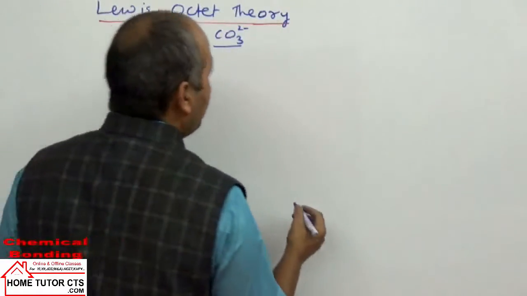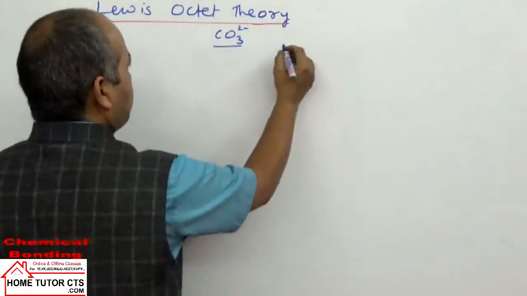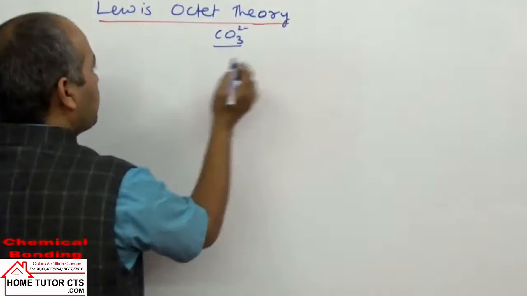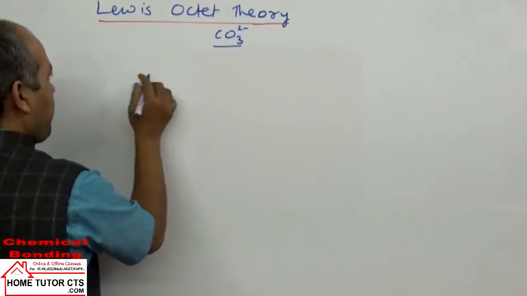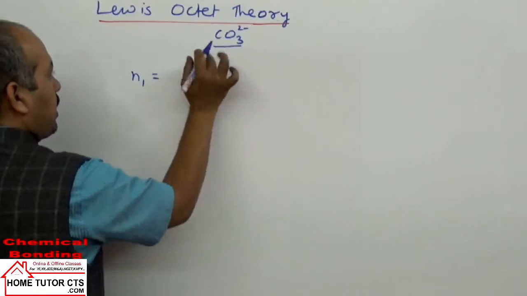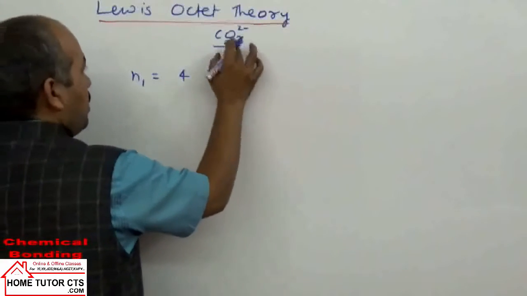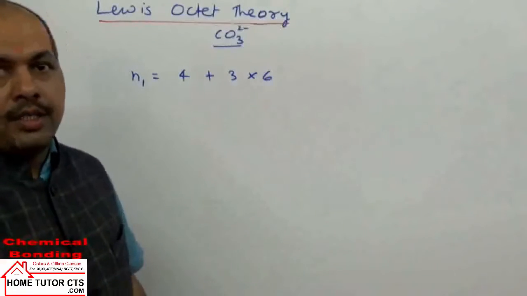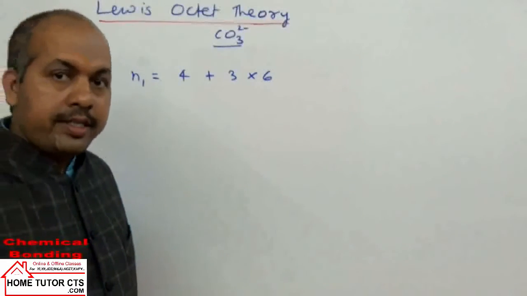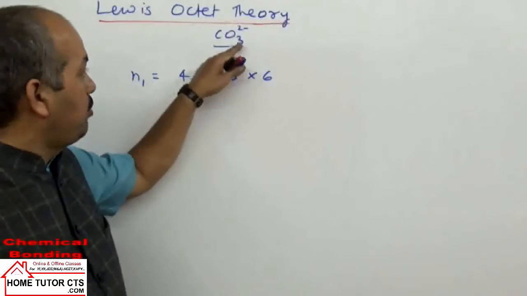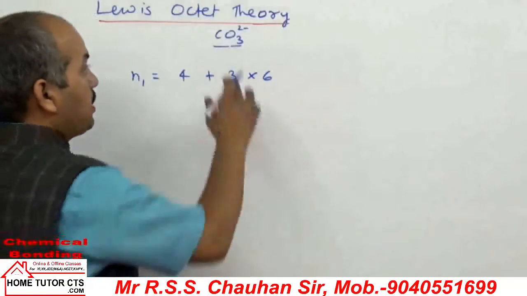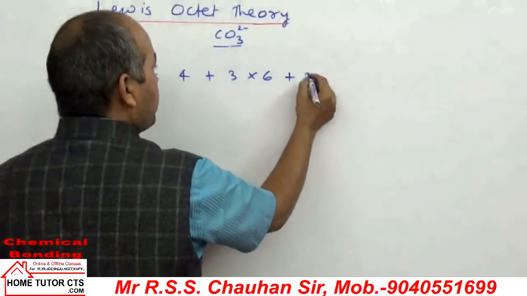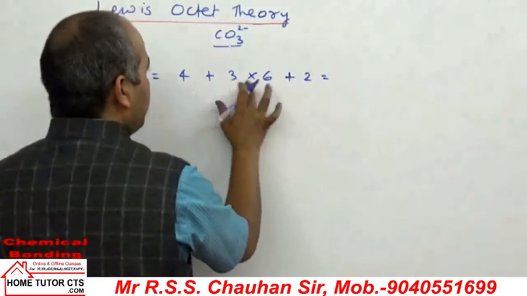First find the value of N1. Carbon has 4 valence electrons, 3 oxygens, 3 into 6 per oxygen atom. They have 6 electrons in the valence shell. So 3 oxygen atoms have 3 into 6, plus, since it is an anion, add the minus charge. How much does this number become?